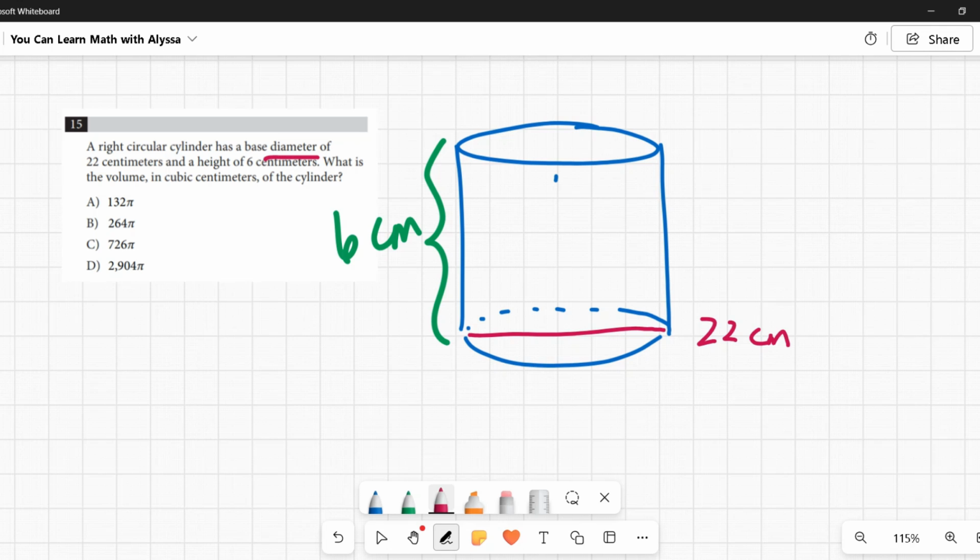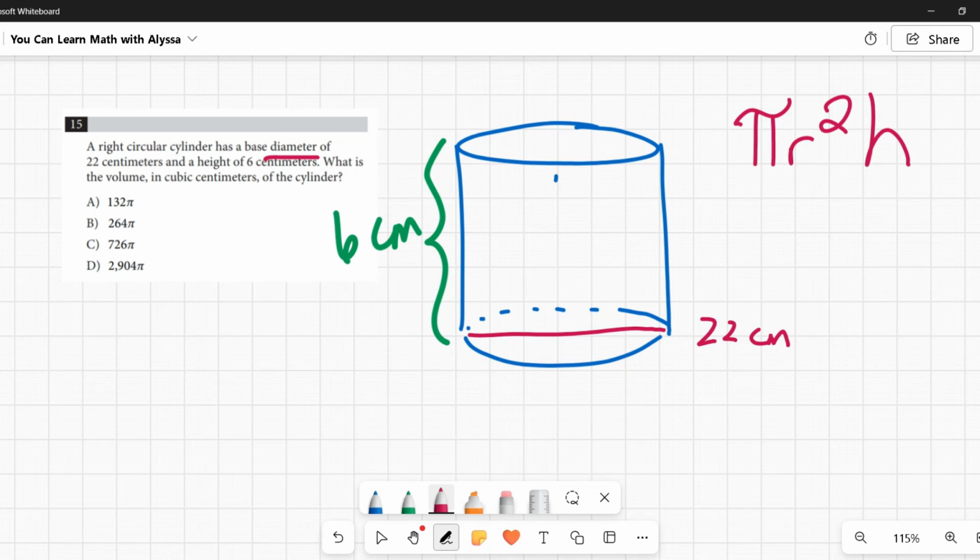Okay, so here we have area of the base times its height, or pi r squared times its height. And again, note that they gave you diameter. That's very critical. I guarantee you there will be students that do not realize it was diameter and just plug that 22 in for the radius. Please do not be sucked in by that little trap. They love to trick the students.